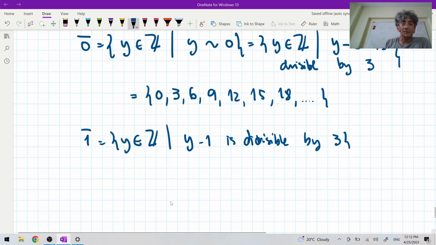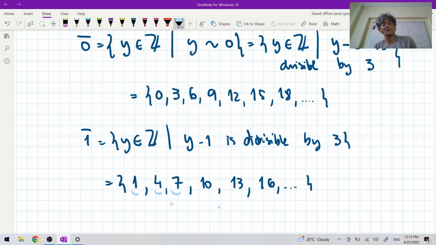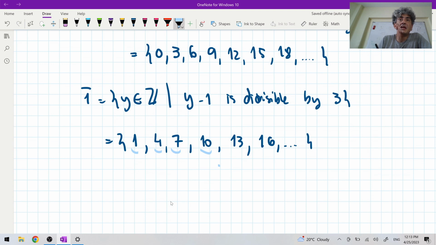So we can make a list: 1, 4, 7, 10, then you have 13, then you have 16, and so on. Each of these, when you subtract 1, gives a number that is divisible by 3. 1 minus 1 is 0, 4 minus 1 is 3, 7 minus 1 is 6, 10 minus 1 is 9, and so on. And then you have the class of number 2.